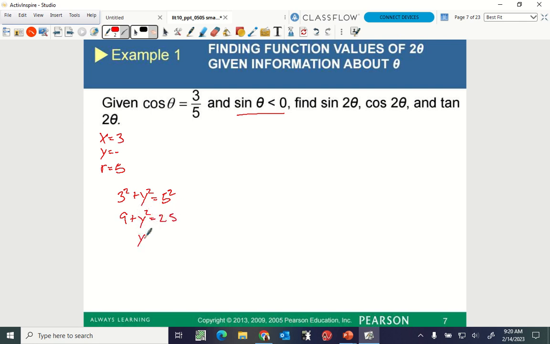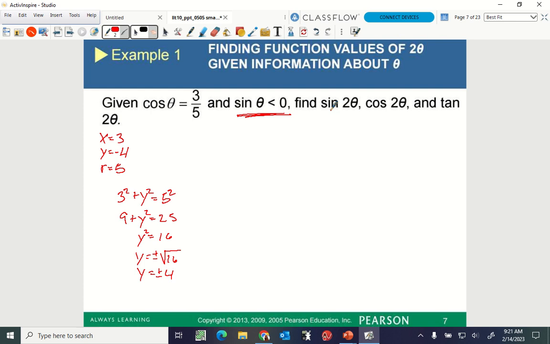And so I get y squared equals 16. y equals plus and minus square root of 16, where y is plus or minus 4. It has to be minus because up here it said sine is less than 0. So this is going to be a negative 4 for our y value. Make sense? Okay, good.